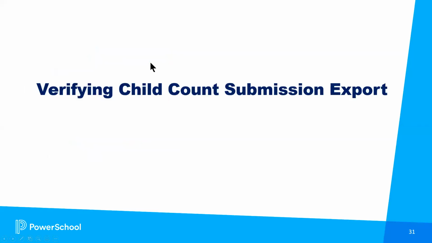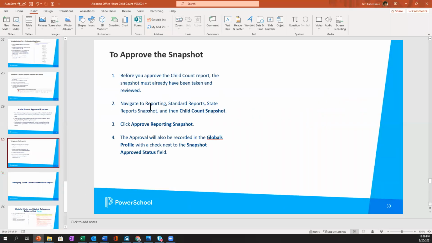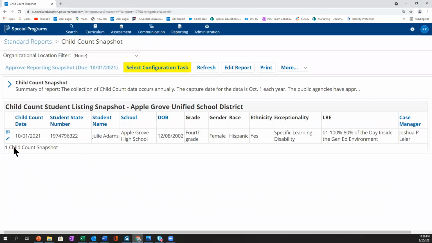Complete all of the data entry. Then you're going to go to your child count snapshot, and you will have an approved reporting snapshot here.